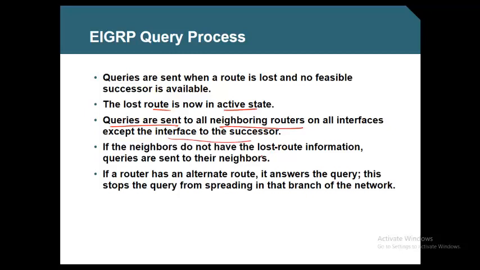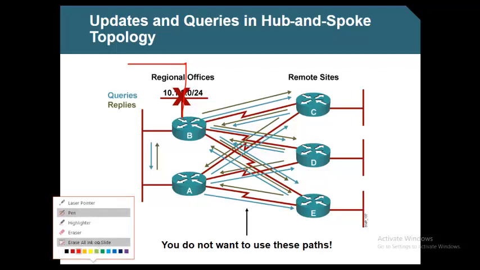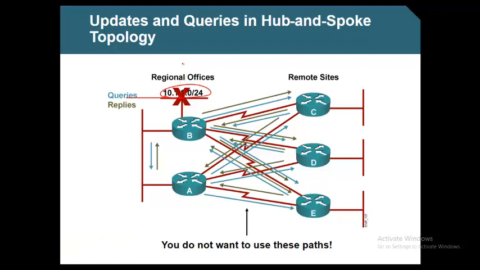What does that mean? See this picture. This is the successor path to reach a network, let's say 10.12.0.0/24. Successor means the best path. Now, when the best path goes down, B will start querying all neighbors connected via all interfaces.